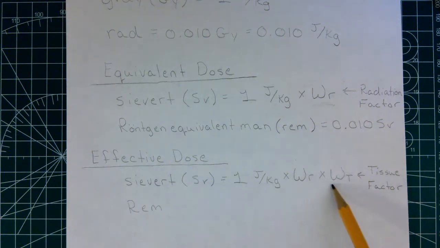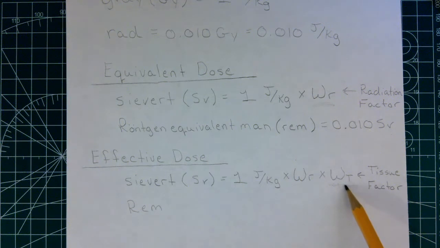And this takes into account what type of radiation you got and what kind of tissue it went into. And this can be very important. Radioactive iodine getting into your thyroid is very, very dangerous for you. Gamma radiation going into like fat tissue is quite a bit less dangerous. You could handle quite a bit more of that.